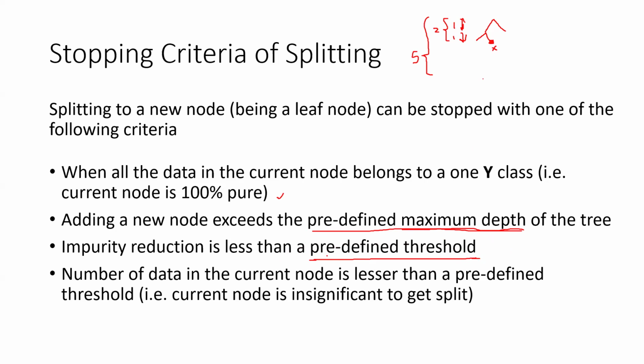So in order to avoid overfitting, we try to keep the tree size as small as possible without adding unnecessary nodes into the tree. In this case, we are using a predefined threshold for minimum impurity reduction. If this is not exceeded, you don't add a new node into the tree. This is the second stopping criteria.